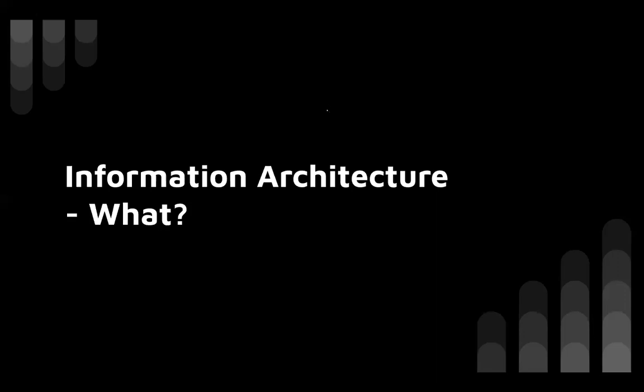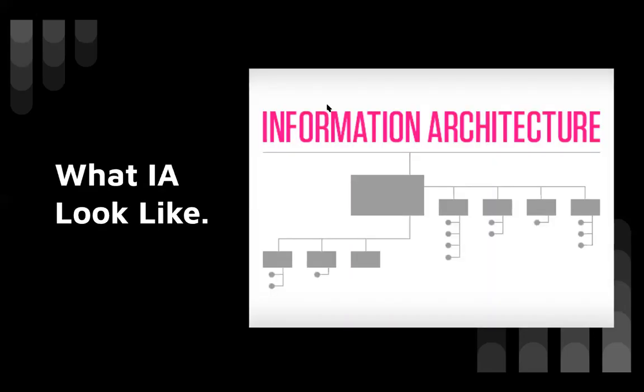Sometimes people mistake information architecture for navigation. They are almost the same, but they are not the same. The goal of information architecture is more or less to help users find information and complete tasks.